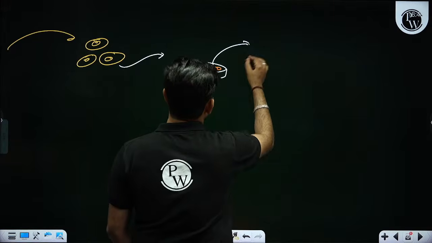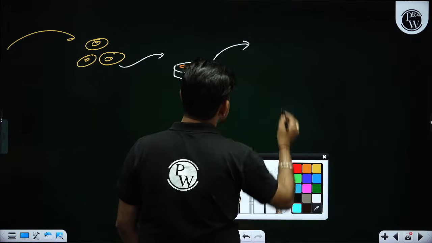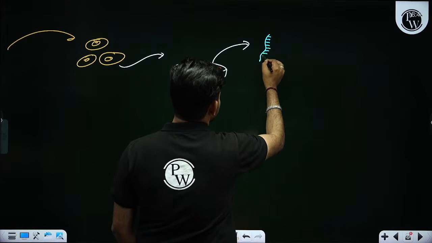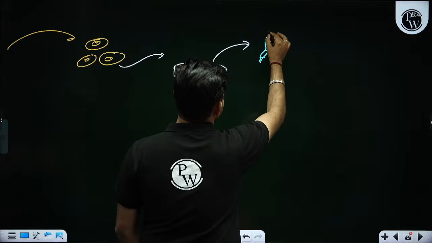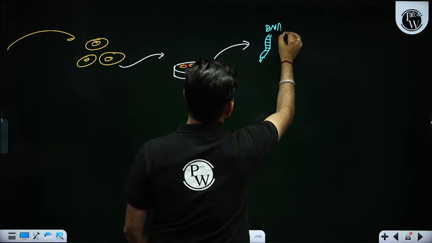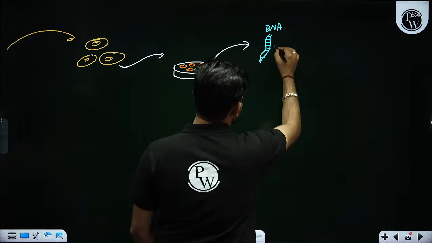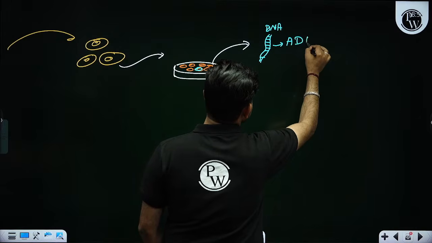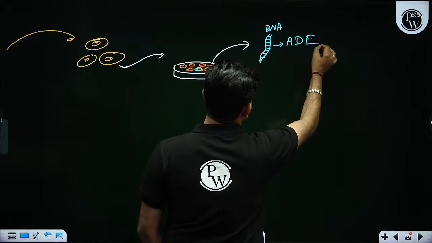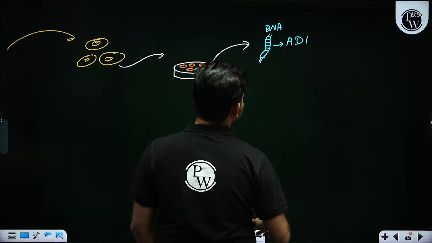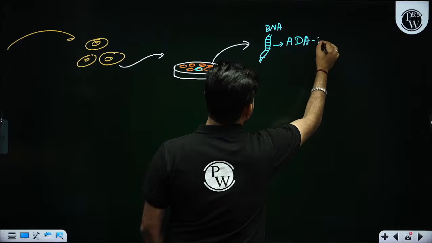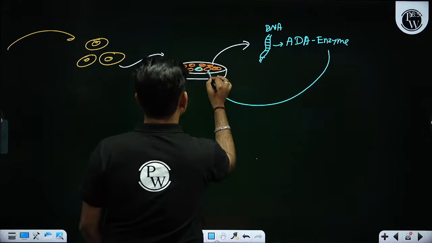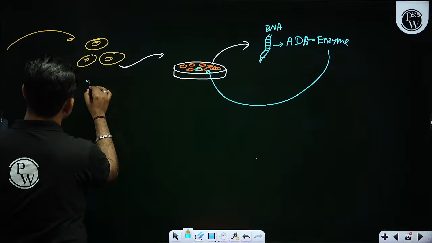Then we have to insert the complementary DNA. We have to insert the DNA which is having capability to produce adenosine deaminase enzyme into those lymphocyte cells.